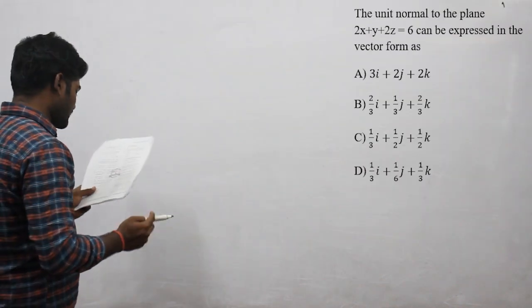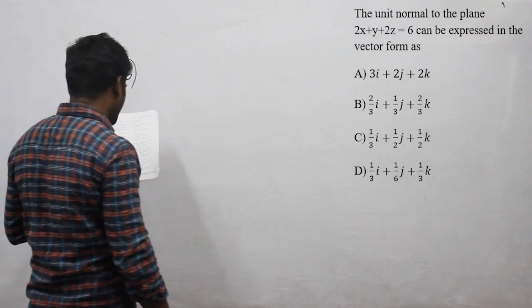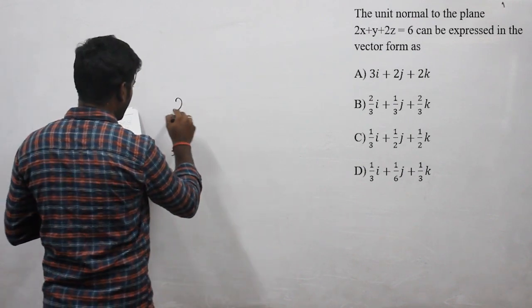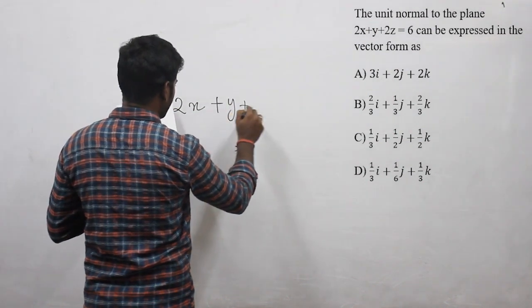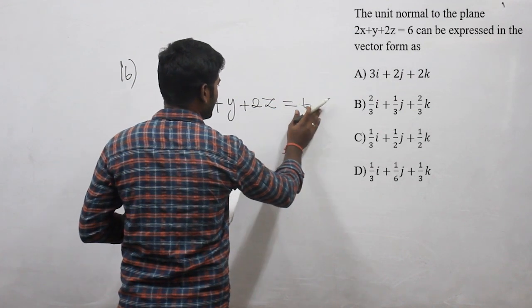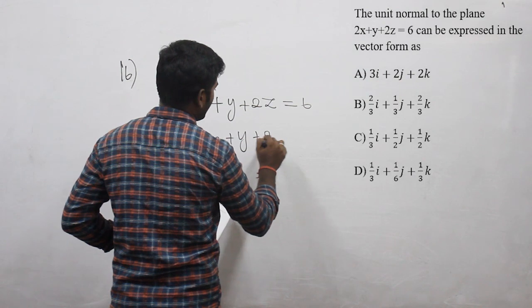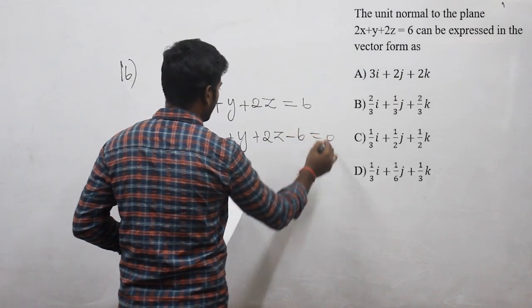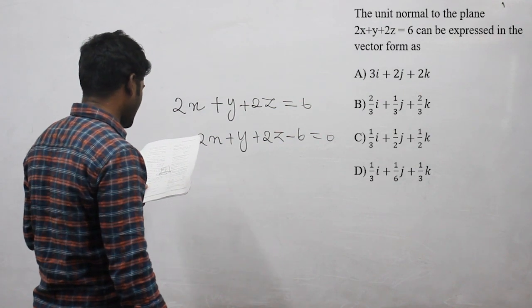Solution for the 16th question. The unit normal to the plane 2x plus y plus 2z equal to 6. So you can write this as 2x plus y plus 2z minus 6 equal to 0. They are asking for the unit normal vector, which can be expressed in vector form.